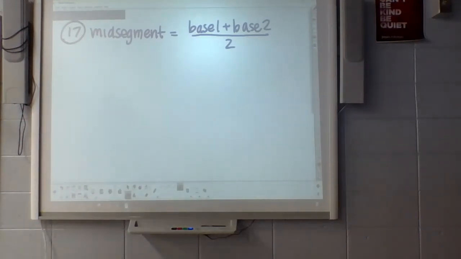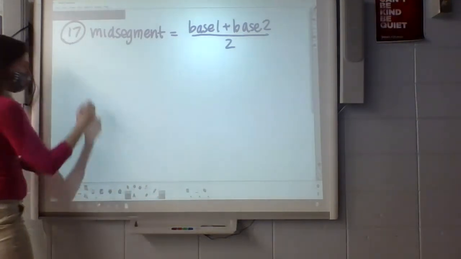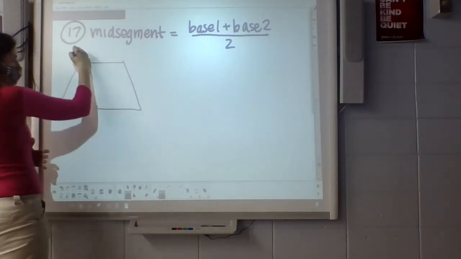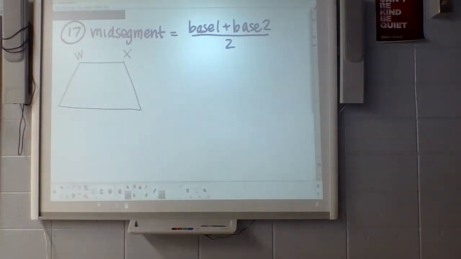But so it says in our trapezoid, they tell us the parallel pieces and then give us a few measurements. Let me draw this. They tell me WX is parallel to YZ.